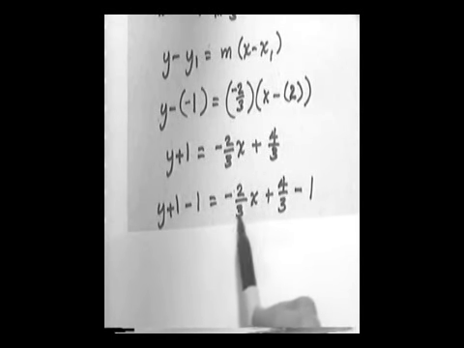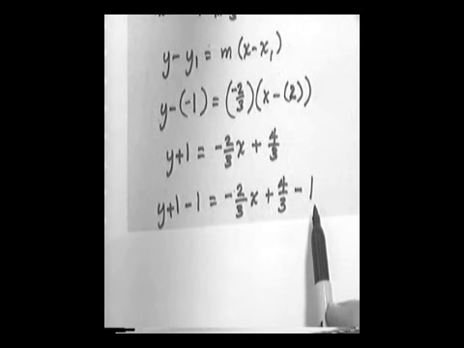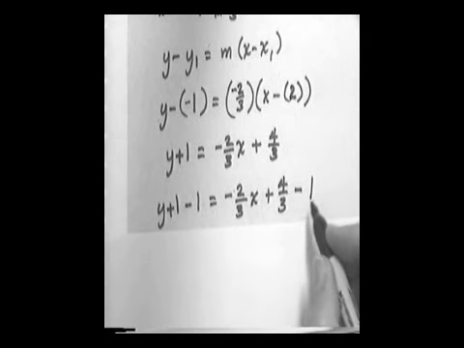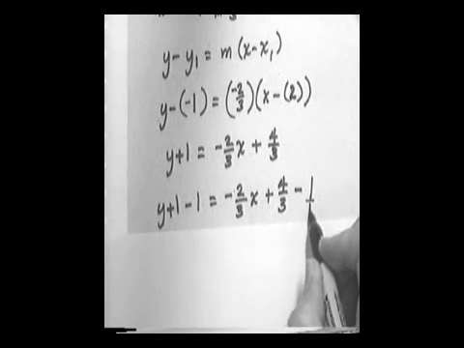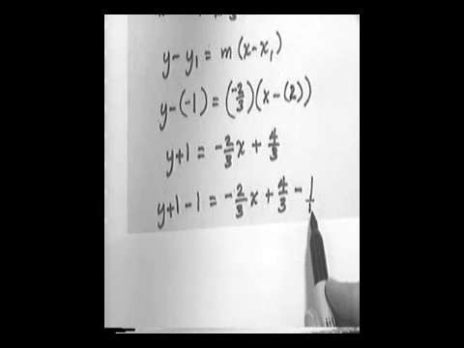Now, in order to combine the numbers on the right-hand side, I must get a common denominator for these two numbers. Notice we're not talking about the negative 2/3 x, but rather the like terms, the terms that have no letter parts. 4/3 subtract 1. The 1 really means, of course, 1 over 1. Common denominator for these is 3.